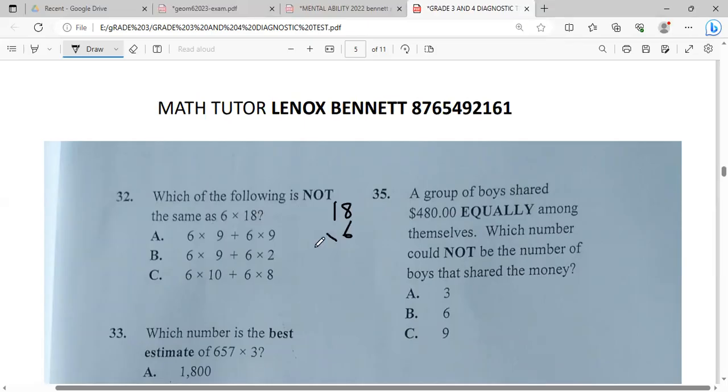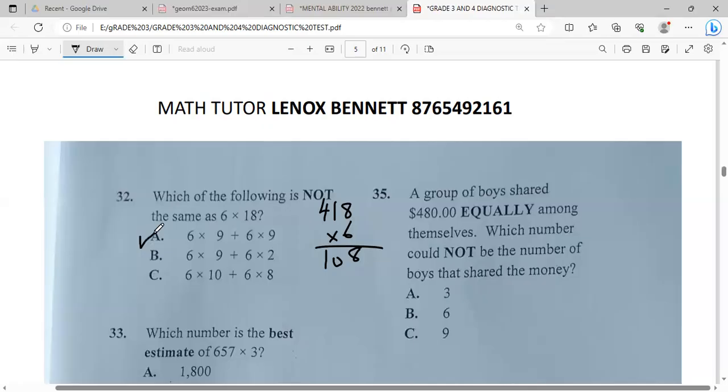We'll show you an easy way, though. 6 8s are 48. 6 ones are 6, and that's 108. All right, so if we should multiply 6 times 9, that's 54, and this would be 54 also. So 54 plus 54. So this checks out. This is correct.